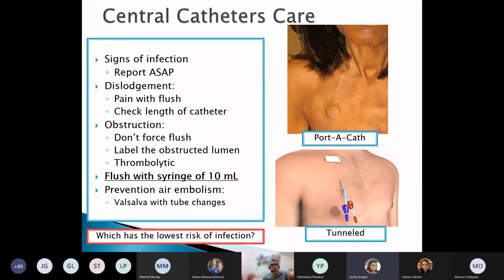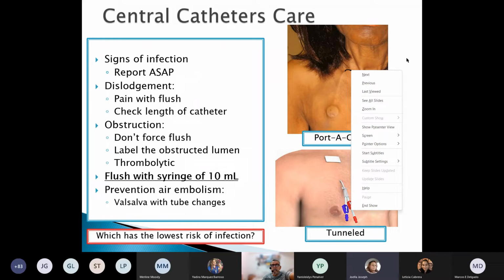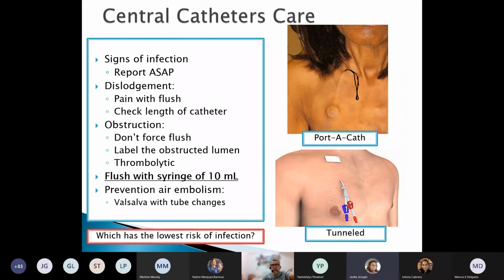There is something called a port. The port is a central catheter. The tip of the catheter is in the superior vena cava, but this catheter is connected to a port that is under the skin.